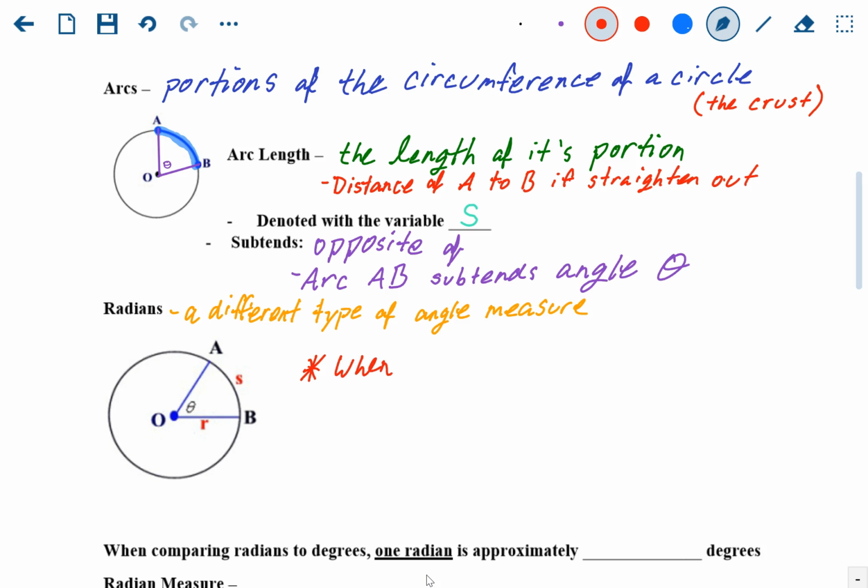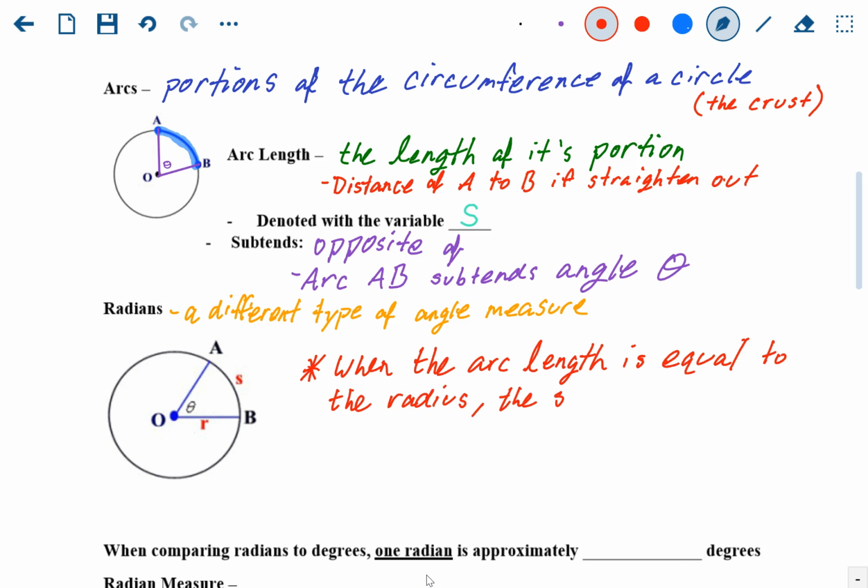One key thing about radians, the definition of a radian really, is that when the arc length, so that arc between A and B, is equal to the radius, so the radius and the arc length are the same measurements, then the angle that subtends that arc length is going to be 1 radian.